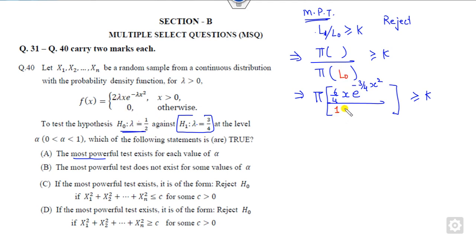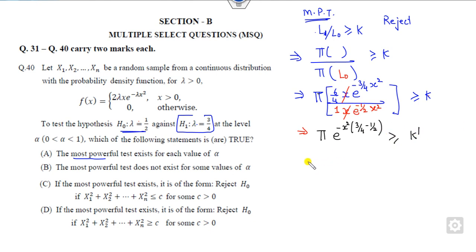Half. So it is 1 x e raised to the power minus half of x square. 6/4 is a constant which is taken outside, and we can take it to this side. x and x will be cancelled out, so I can write this value as the product of e raised to the power minus x square, taking it as common, minus 3/4 minus half, is greater than k dash.